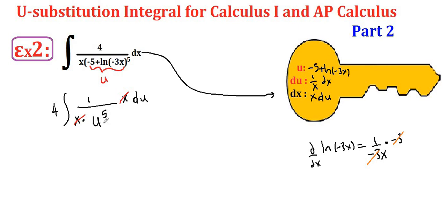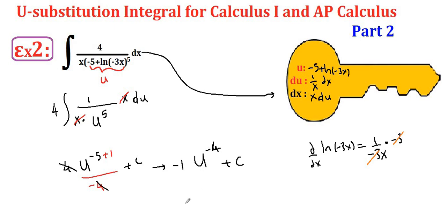If you bring u to the numerator, it's going to be u to the negative 5. If you take the antiderivative of this, add 1, it will be negative 4, and divide by negative 4. Negative 4 and 4 cancel out to negative 1, and u to the negative 4 plus c.